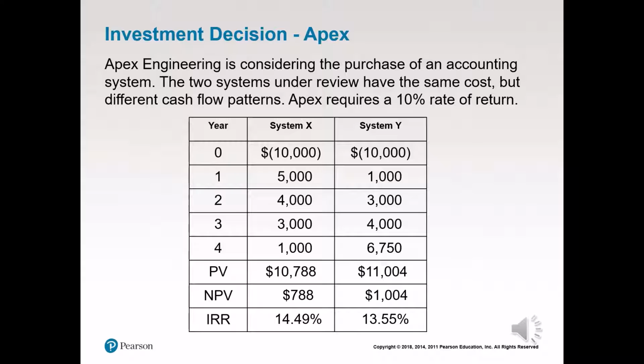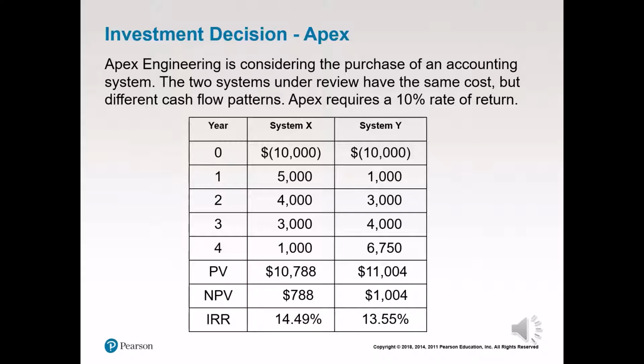First, let's take a look at System X. You can see that when you calculate the net present value, and since these are mutually exclusive projects, meaning we're going to choose one over the other, System X loses.